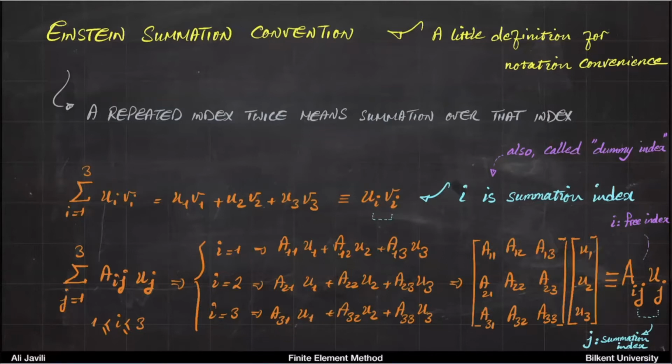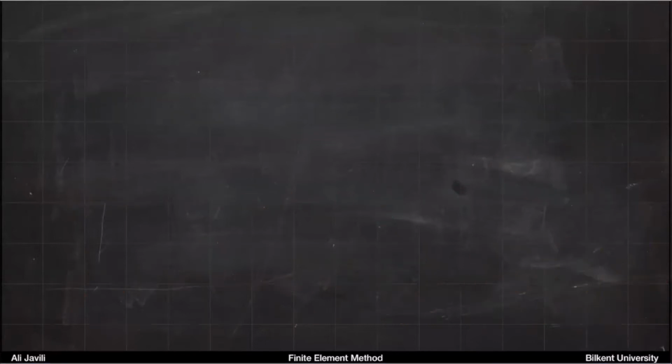Okay, so again, this property basically tells you, if you have a dot product u dot v, usually you would say it is ux vx plus uy vy plus uz vz.